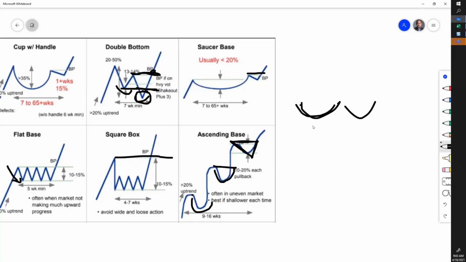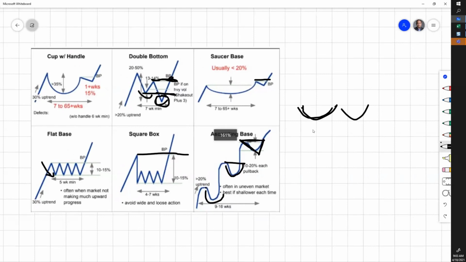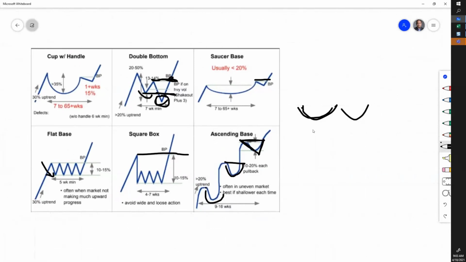But later on, when we go through yung mga examples, mas makikita nyo na malilinis pala talaga yung pag-form ng mga base structures sa mga maayos na mga pwede natin i-trade. And that's what I want us to be able to refine, to be able to focus not necessarily on being able to identify na kung cup ba siya, double bottom ba siya, saucer ba siya, or whatnot.